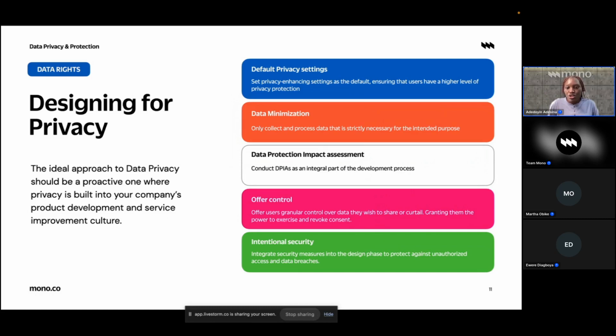So it's not just when you're big, or when an investor you're trying to fundraise from asks, oh, so what are the privacy features that you have, and all you have is a privacy policy. So to avoid that, from the ideation process, you should have features, you should have safeguards, and input them into the design and architecture of your process.